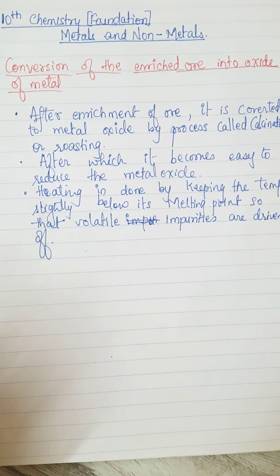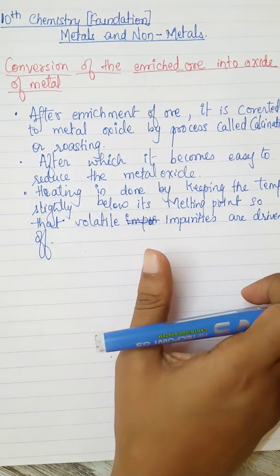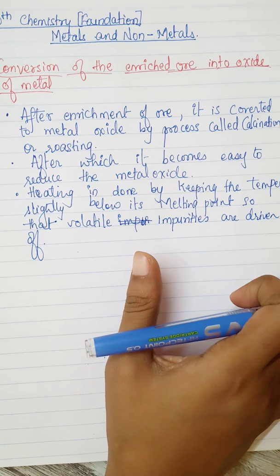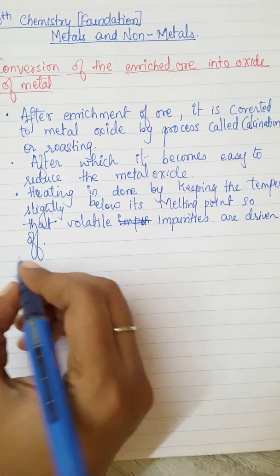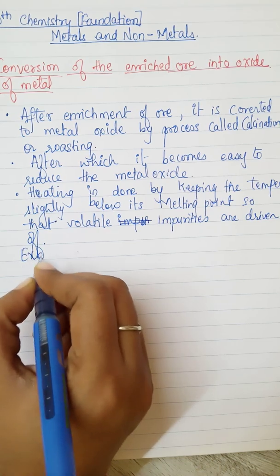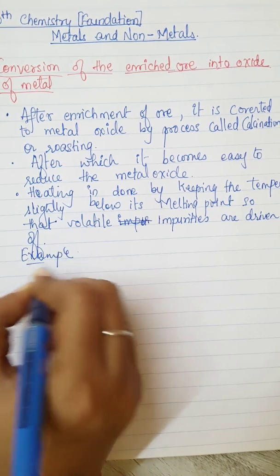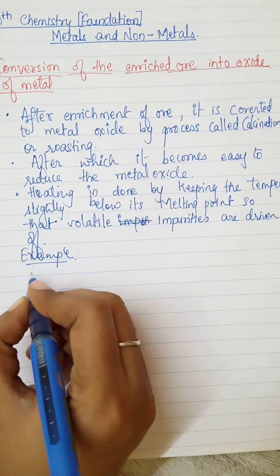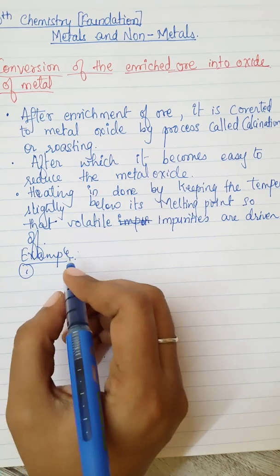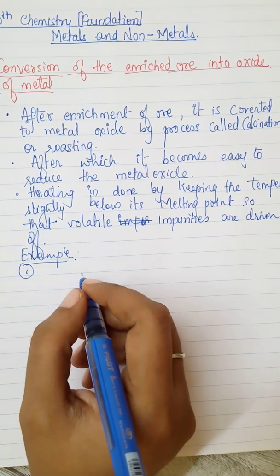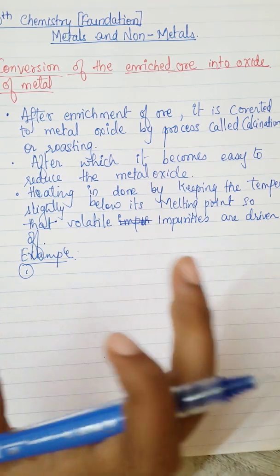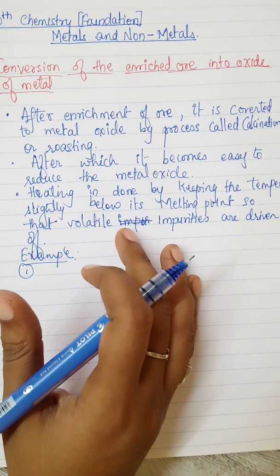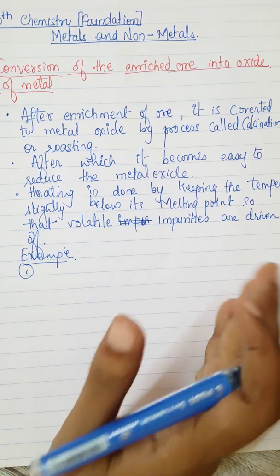If you know these points, then what you need to do is take some examples. The first example I can take is oxide ore calcined to remove the moisture and other volatile impurities.